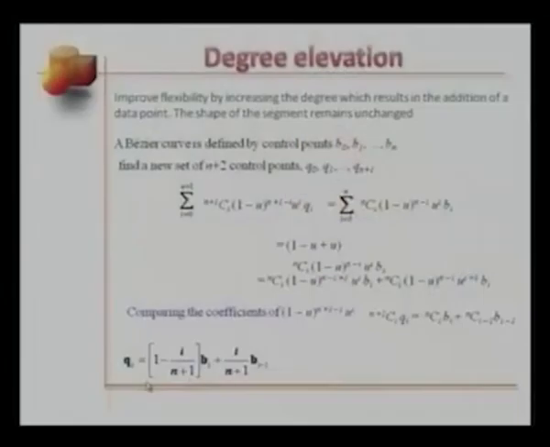In this case, if we perform a similar procedure, and if we consider this to be a parameter value, this would change and in fact increase as i increases.